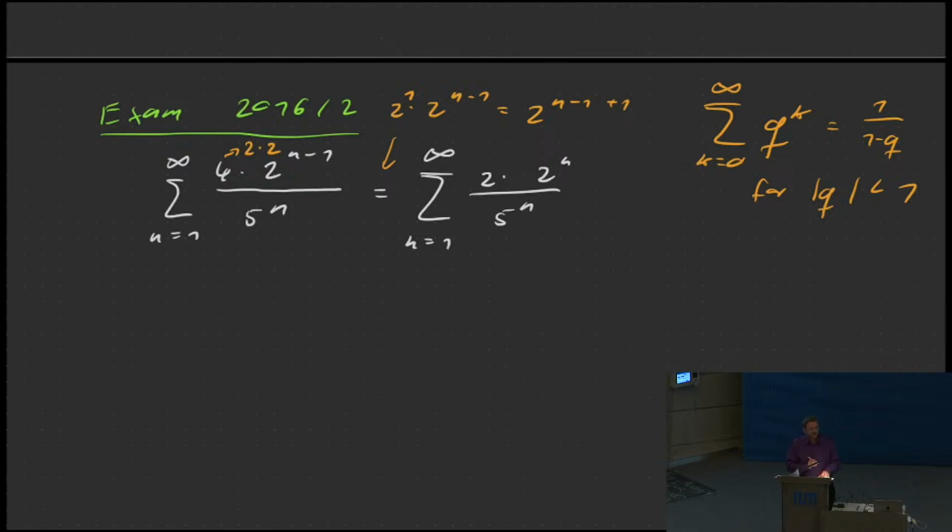And I just use laws of exponentials to combine those. So that's 2 to the power of n. That's where this here comes from. And I take this 2 from the 4. Instead of 4, I write 2 times 2. One of those 2's is consumed in that way, and the other 2 is the one that remains.